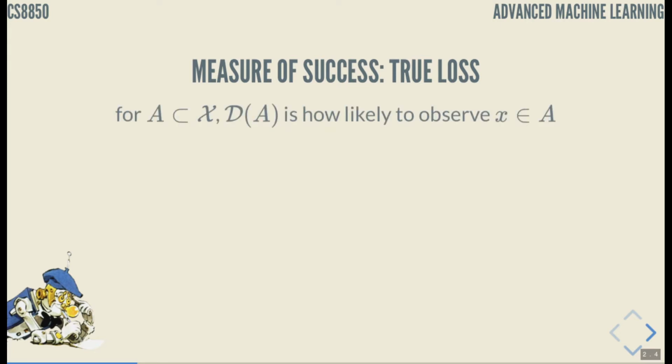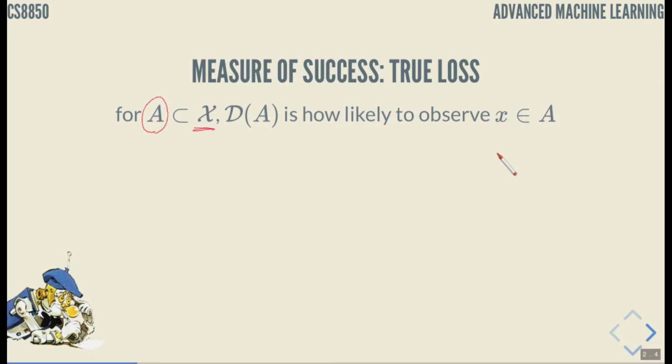What we do here, we say that for all possible subsets A of our domain chi, the probability of this subset is how likely we observe x within that subset.